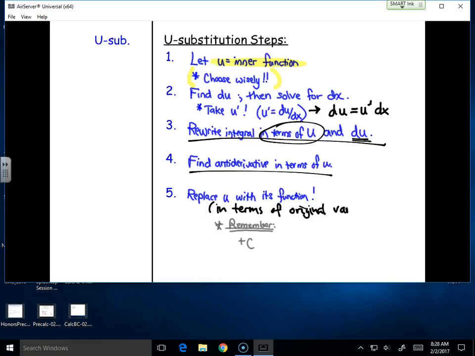In terms of the original variable, remember somewhere you're going to have u equaling the inner function. So you're going to replace u with who it actually is, and don't forget the plus c, if it's an indefinite integral.